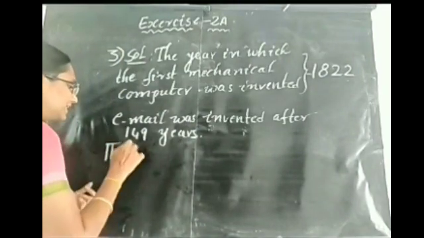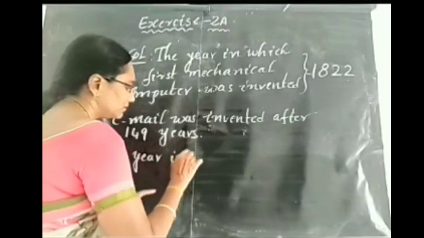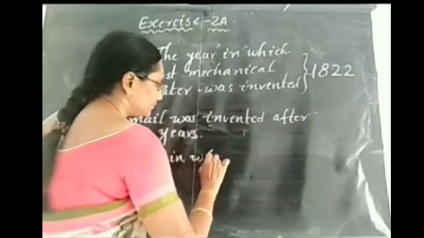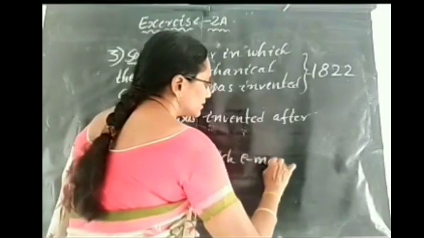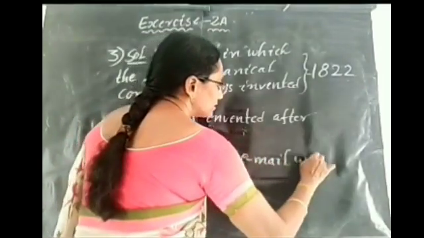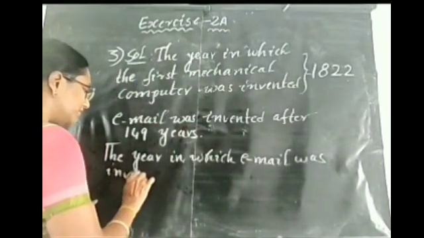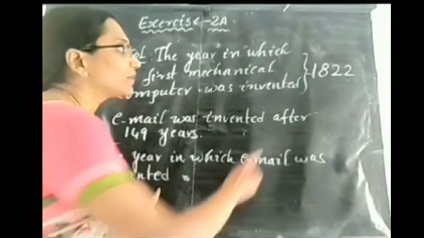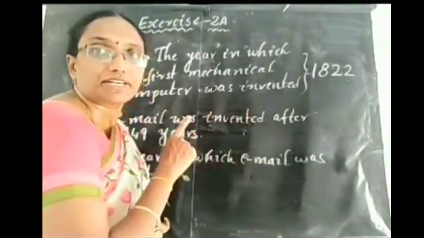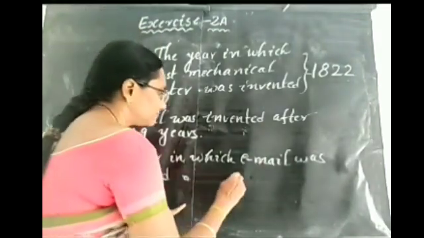We have to find the year in which email was invented. In which year? We have to add 1822 and 149.